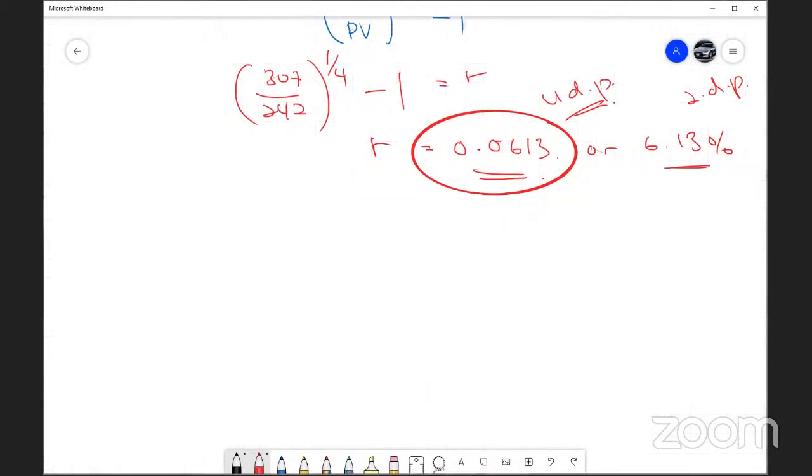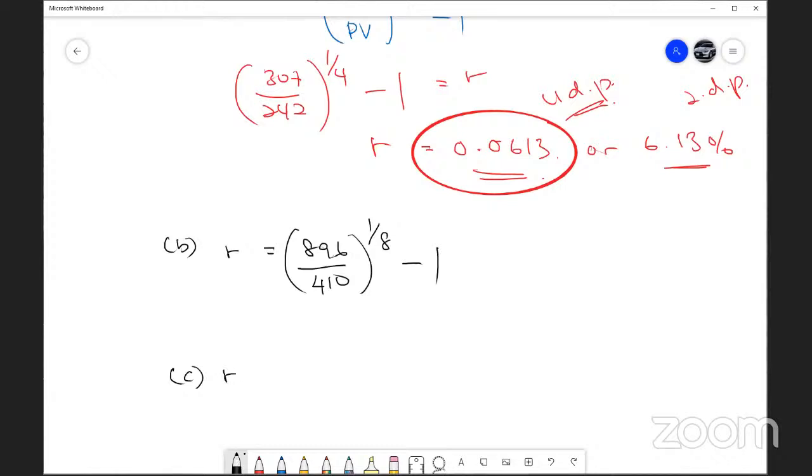So B, just now, question A was 4 years and future value 307. B is R unknown, R equals 896 divided by 410, power of 1 over 8 for 8 years, minus 1.